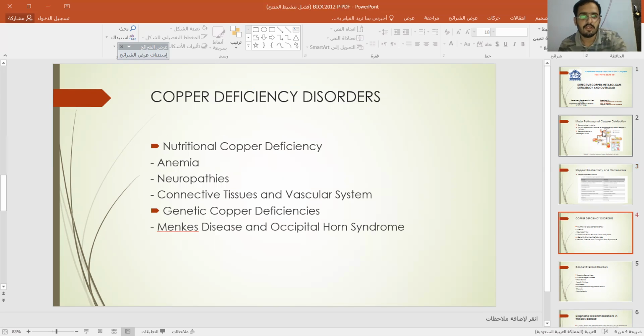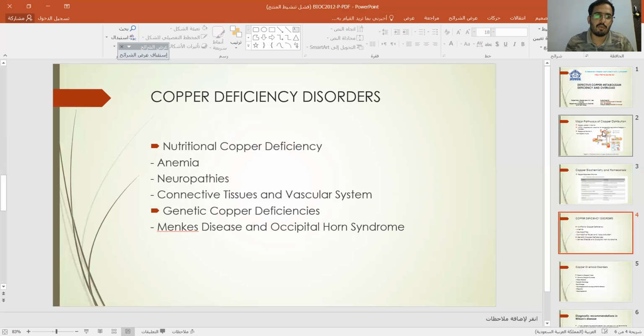Next, copper deficiency and disorders. Copper deficiency may result from the absence of copper in the dietary component, which is utilized daily, so copper must be present in our foods.